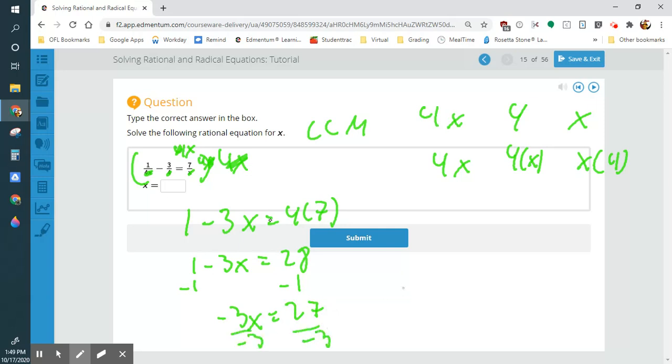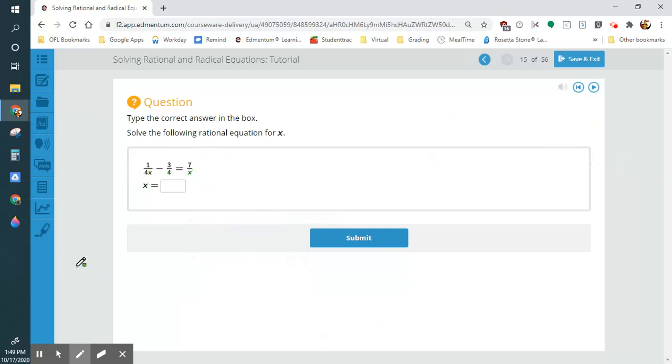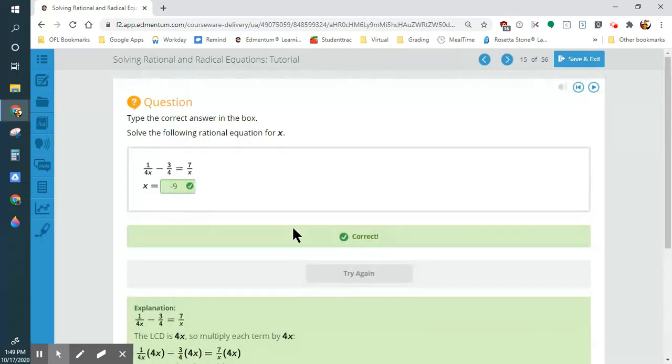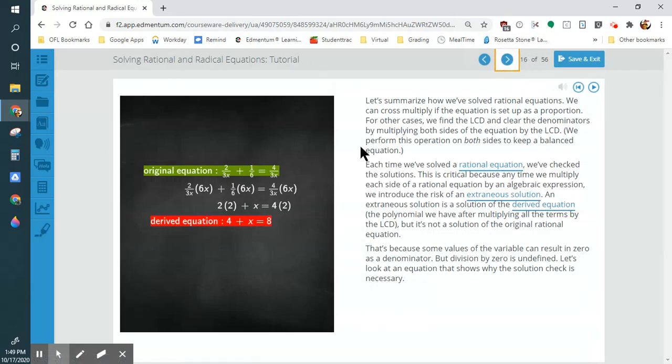A positive divided by a negative, they're different signs, so we're going to get a negative. So x is equal to -9. So then in here, we're just going to put -9. All right, so moving on.